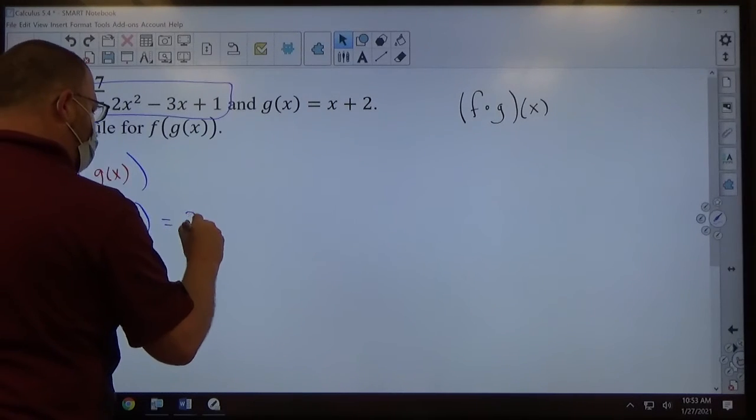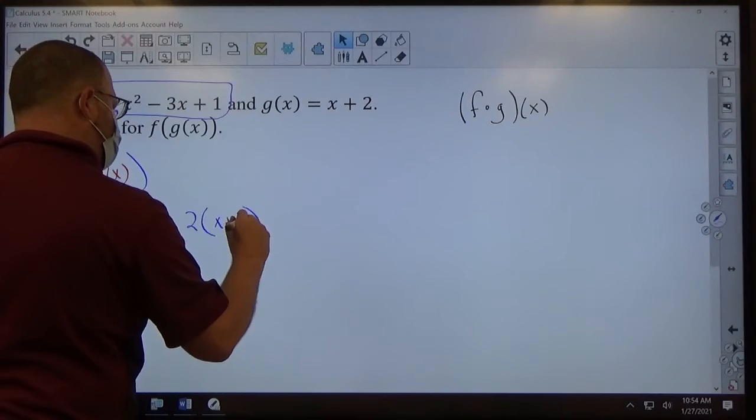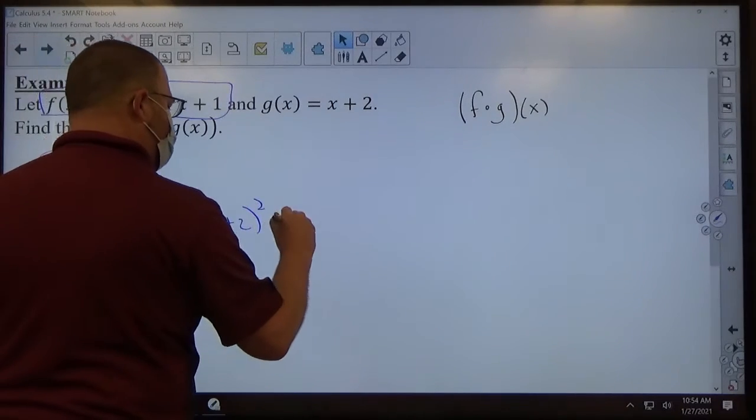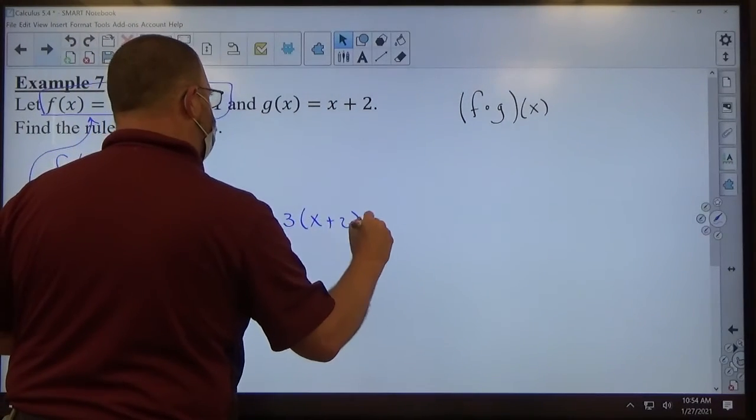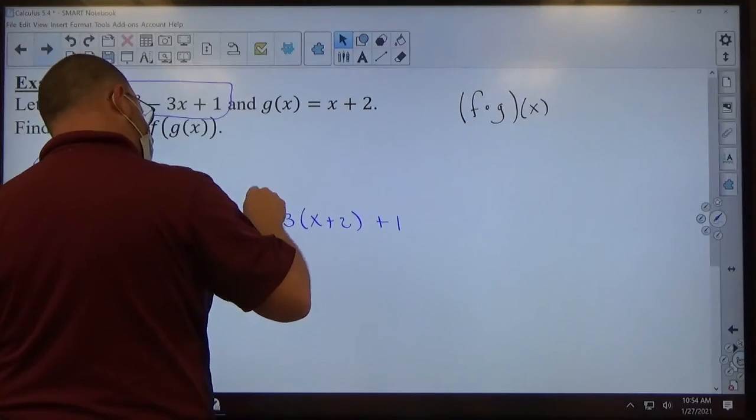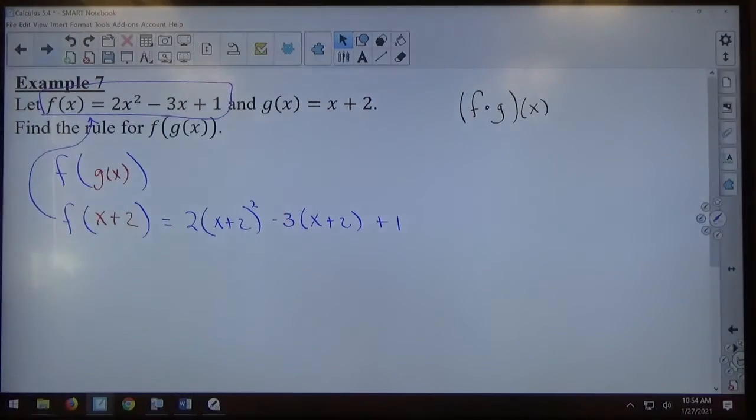So this means 2 parentheses x plus 2 squared minus 3 parentheses x plus 2 plus 1. Now I am squaring x plus 2, I'm multiplying x plus 2 times negative 3, and so on and so forth. So make sure the parentheses are happening there. I'm putting multiple objects in place of one, so replace one with multiple, put parentheses.